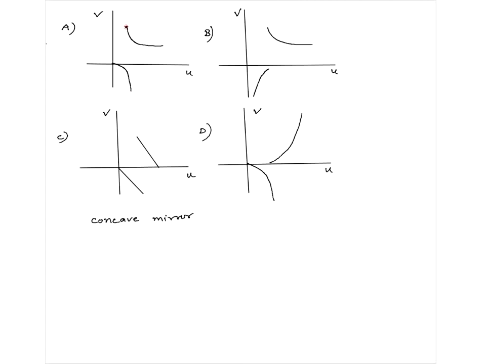Look at this, infinity, infinity. But this is infinity, but this is not. And moreover, this is a big problem. At U equal to 0, how is V becoming infinity? Of course, minus side. A or D?